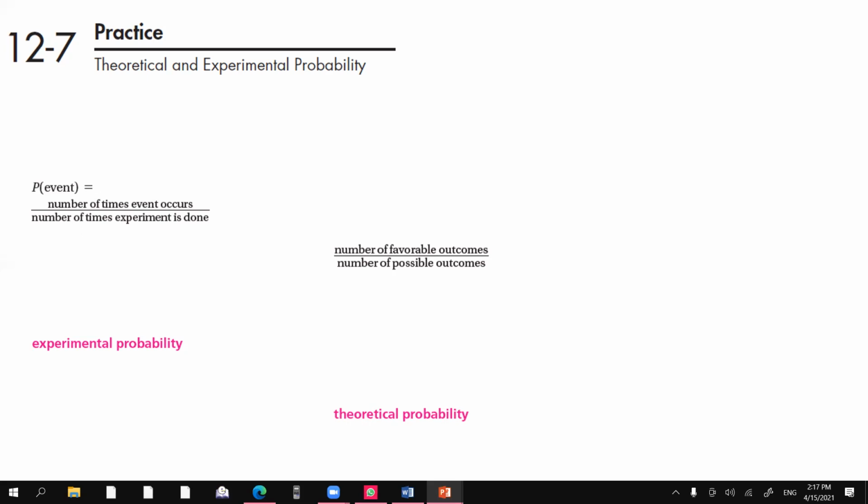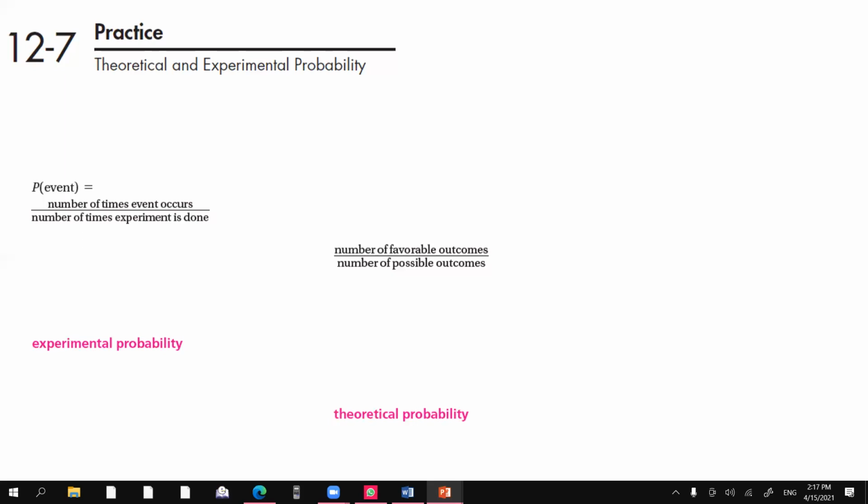The theoretical, no. The theoretical is like when you have an exact dice, you have a number, such as a spinner. If you look at it, the spinner is divided into 12 sectors.